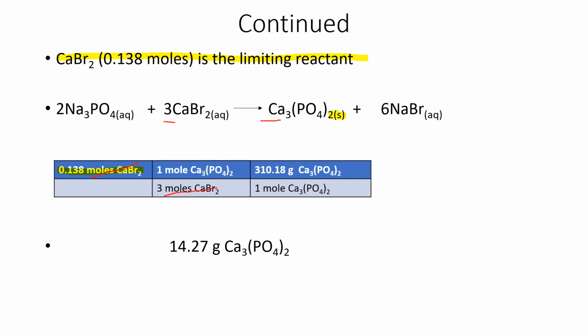That many grams per 1 mole. We want our moles in the denominator in order to successfully cancel. Moles of calcium phosphate will cancel. The unit we're left with is the unit we want, grams of calcium phosphate. When you do that calculation, you should get around 14.27, 14.3 grams of calcium phosphate.